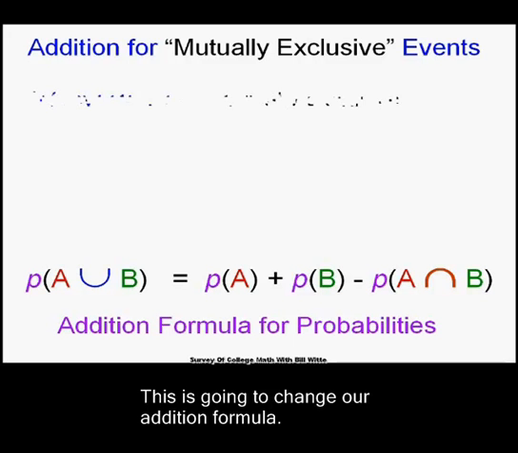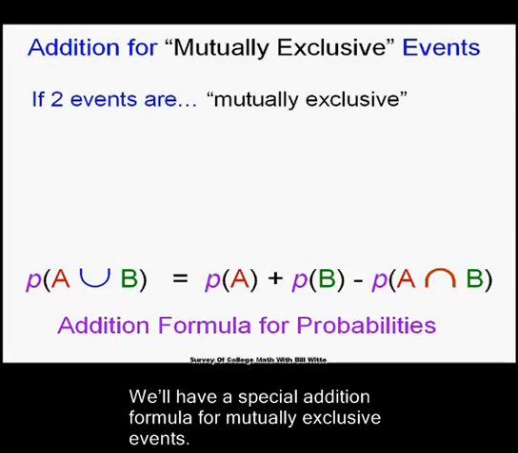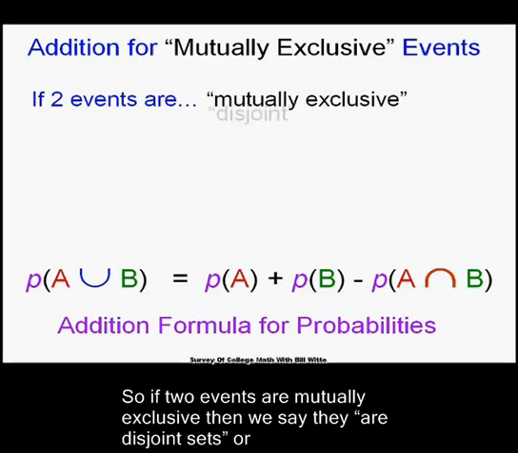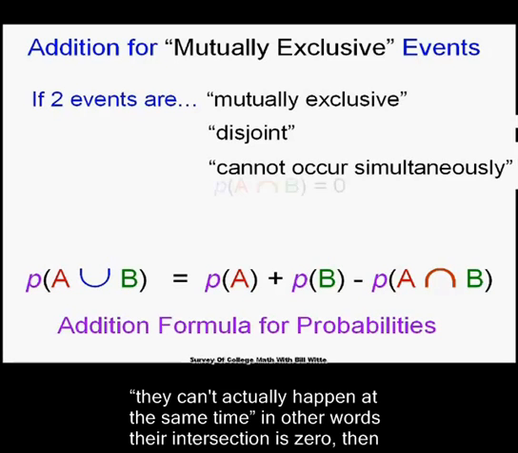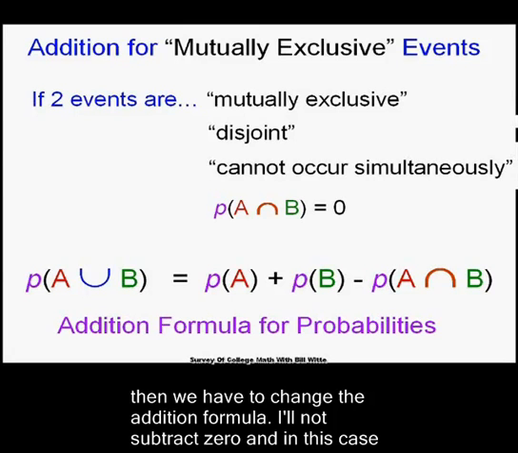We'll have an addition formula for mutually exclusive events. So if 2 events are mutually exclusive, we say they're disjoint, or they can't actually happen at the same time. In other words, their intersection is 0.